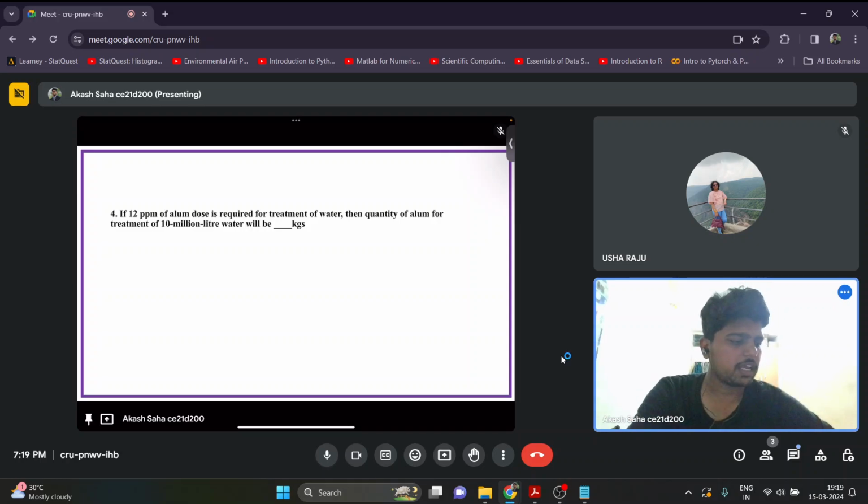So it says that if 12 ppm of alum dose is required for the treatment of water, then the quantity of alum for treatment of 10 million liter water will be. So we are given the alum dose and we have to find out the quantity of alum for a particular discharge, that is 10 million liter. So we have to find out the quantity of alum in terms of kg.